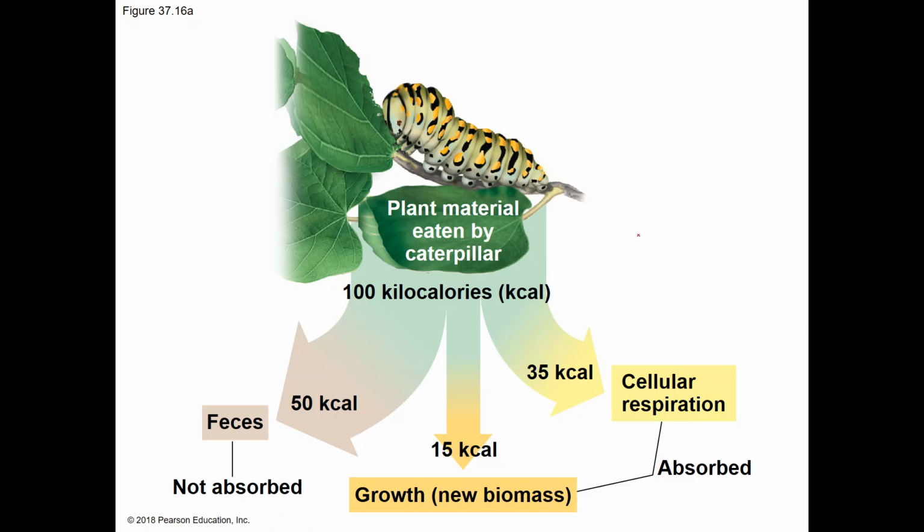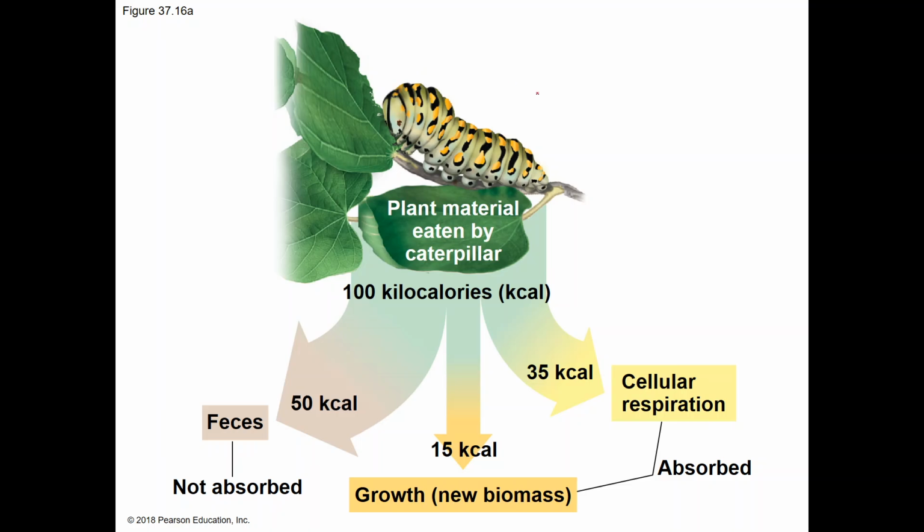Again, looking at this caterpillar that's consuming the plant, it might digest and absorb about half the organic matter it eats. Some of it is undigestible and passes through as feces. Of the stuff that it does absorb, it uses about 2/3 of that for fuel just to do its cellular respiration.